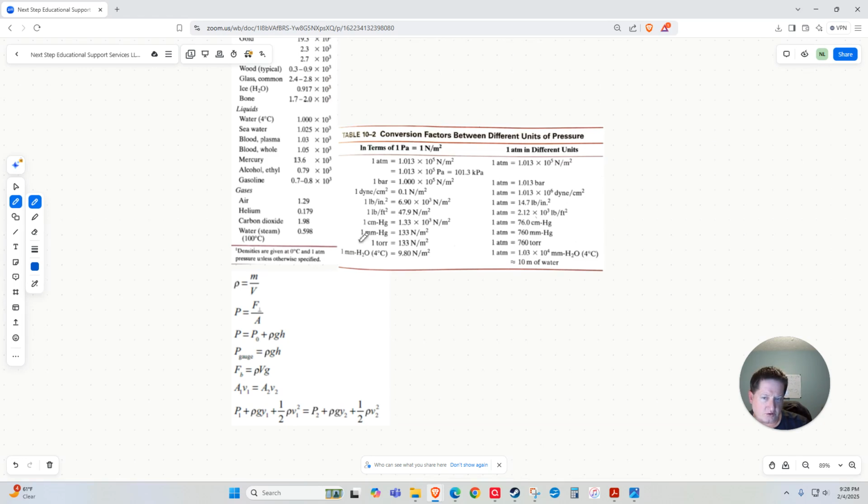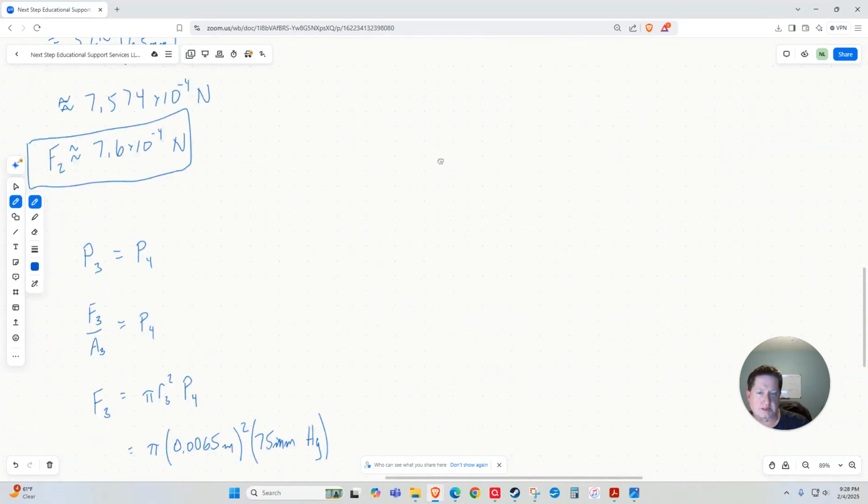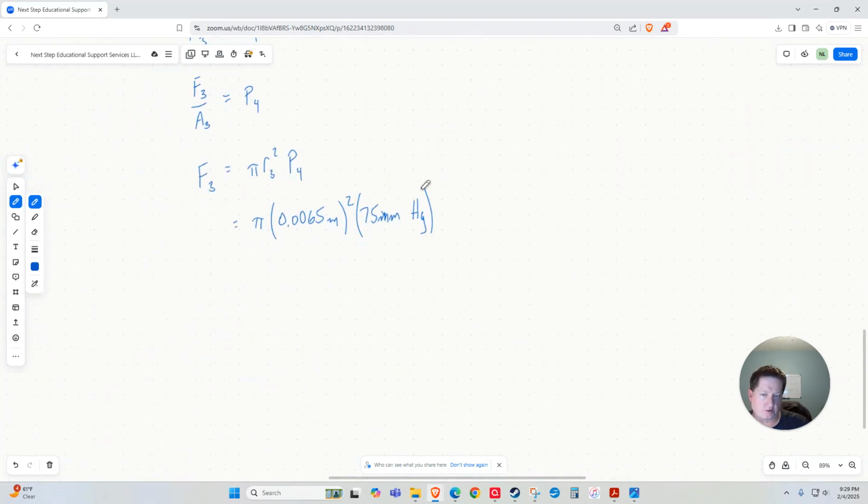And we see here for millimeters of mercury, each millimeter of mercury is worth 133 pascals, newtons per square meter. So it's 1 millimeter of mercury for 133 pascals. My millimeters of mercury here are in the numerator, so when I get my number 1 here for the conversion, I'm going to put my millimeters of mercury in the denominator. There's only one of those for every 133 of those pascals.